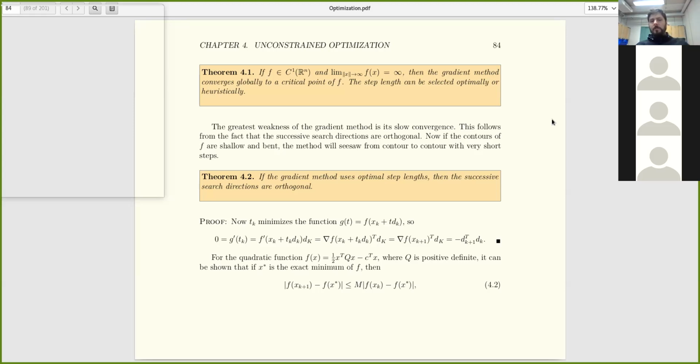If we take its Hessian, the second derivative of this f, it will simply be the matrix Q, and Q being positive definite means that the function is convex. So if we have a convex second order polynomial in n variables, it will have an exact minimum.